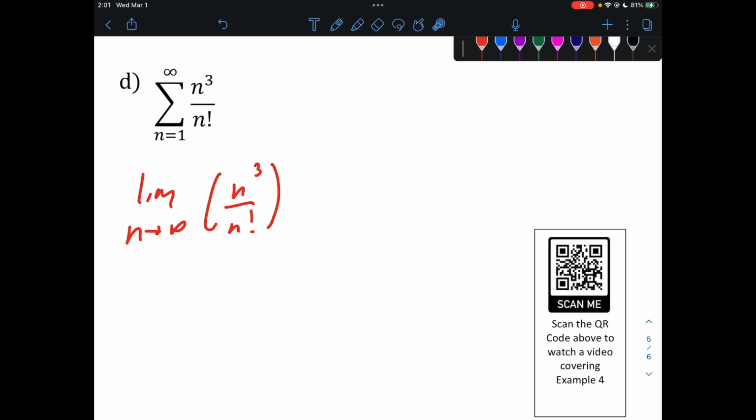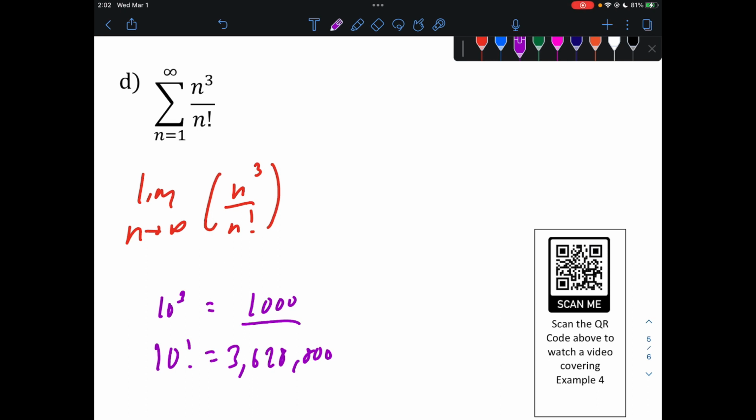Let's think of a quick example here. I'm just going to throw a number out there. How about, let's see what 10 factorial is. Okay, so 10 factorial, for example, is 3,628,800. But 10 cubed is 1,000. And you can see just how much bigger the denominator has already gotten over the numerator.